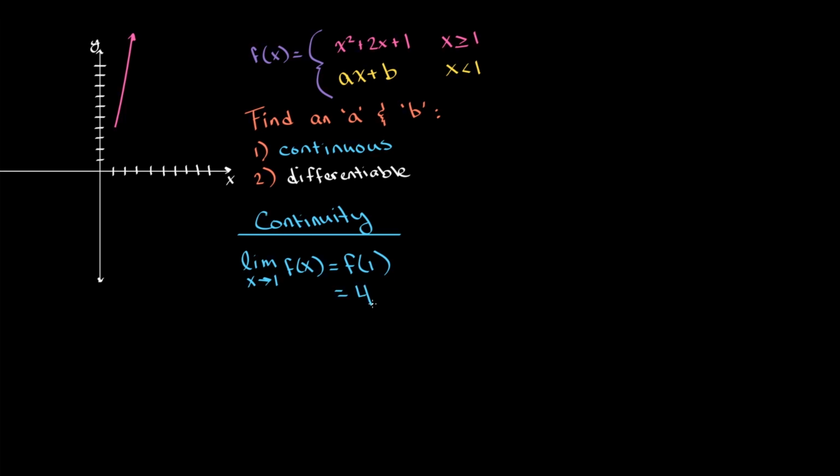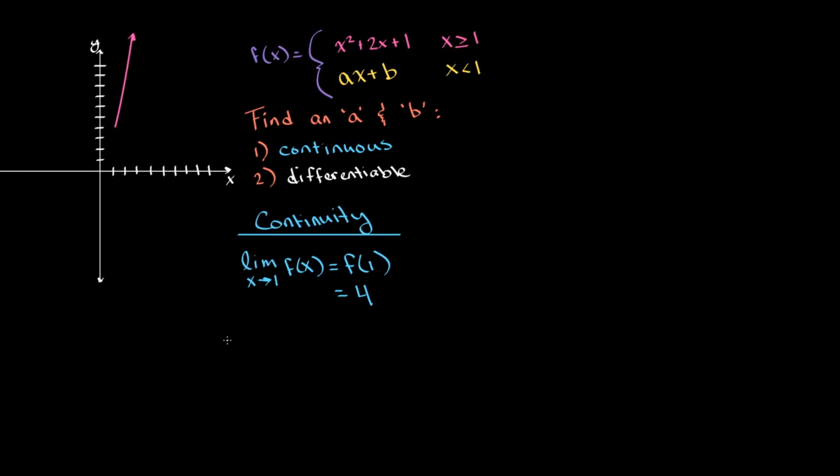So as long as our limit as x goes to 1 exists and is equal to 4, we are continuous. We need to check both left and right-handed limits as x goes to 1 and make sure they match and they're equal to 4. So let's do that.